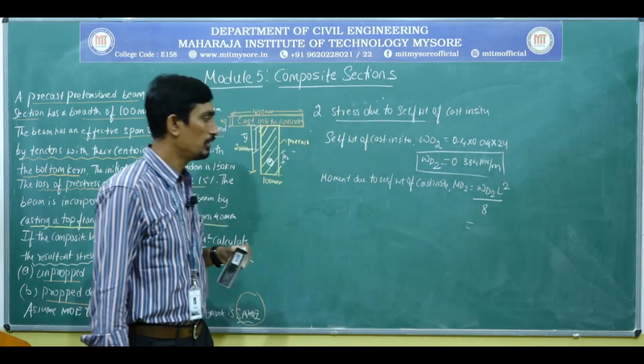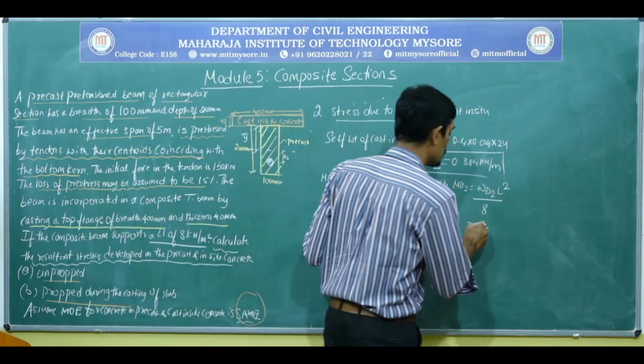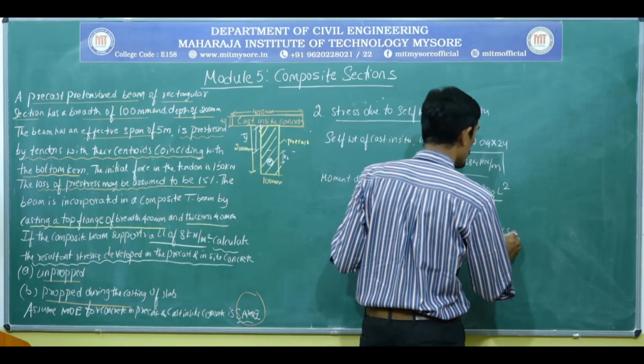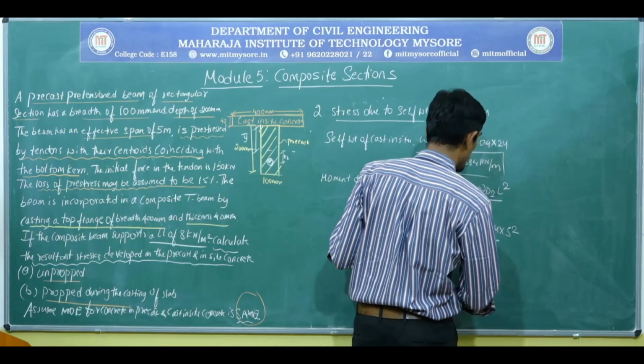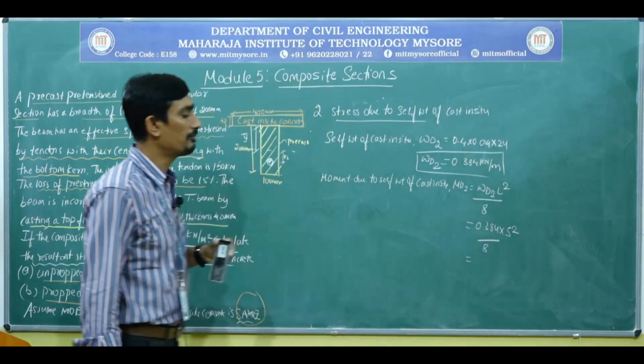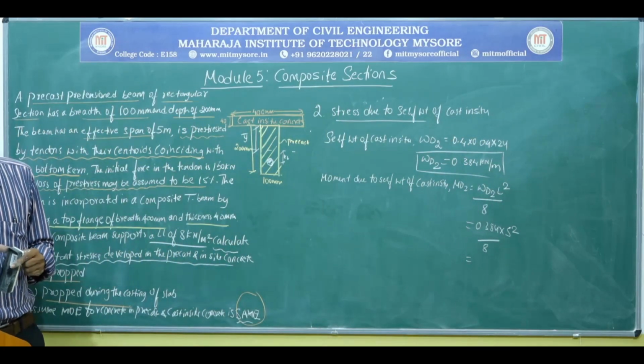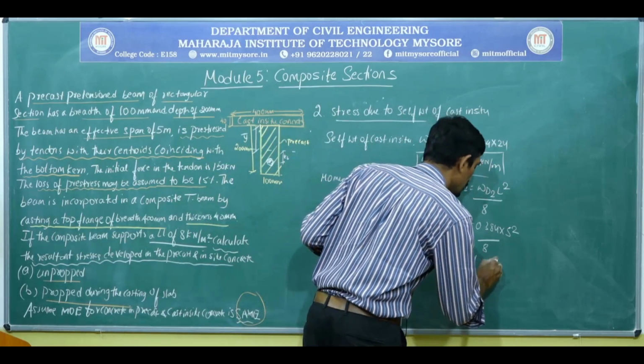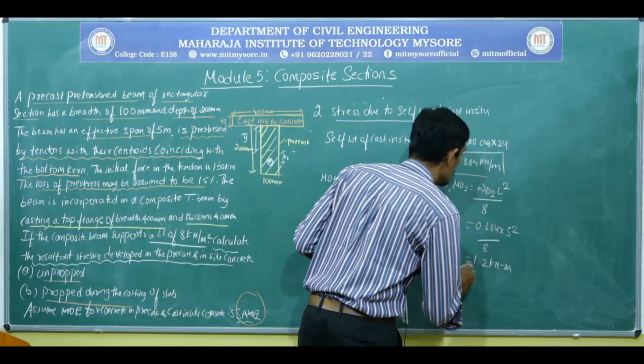WD2 you already know, substitute 0.384 and substitute L in meter, 5 square divided by 8. So now the answer will be 1.2 kilonewton meter.